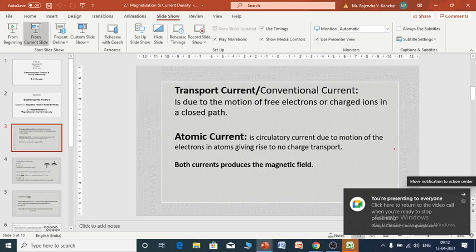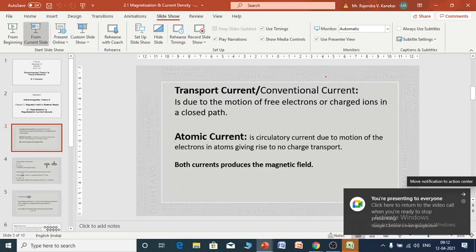So they will not cancel out, and the resultant current will be in the downward direction. So there is a magnetization current. The magnetization current is also an equivalent current in this magnetic material.